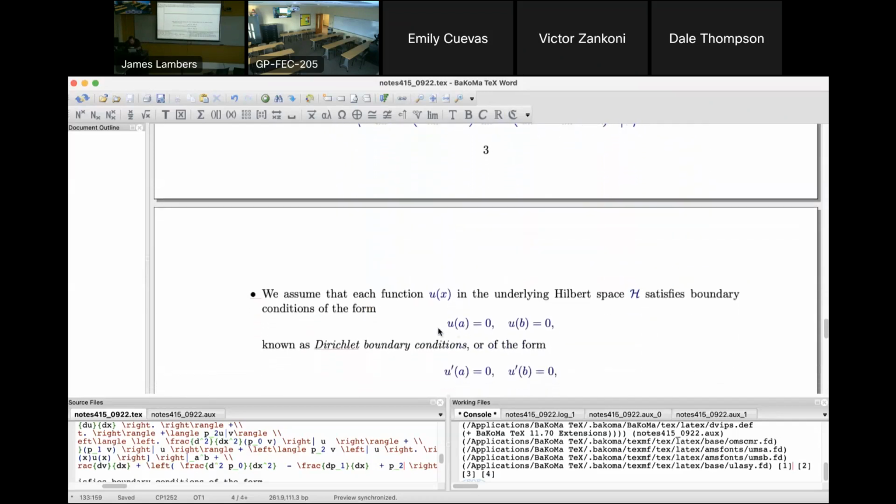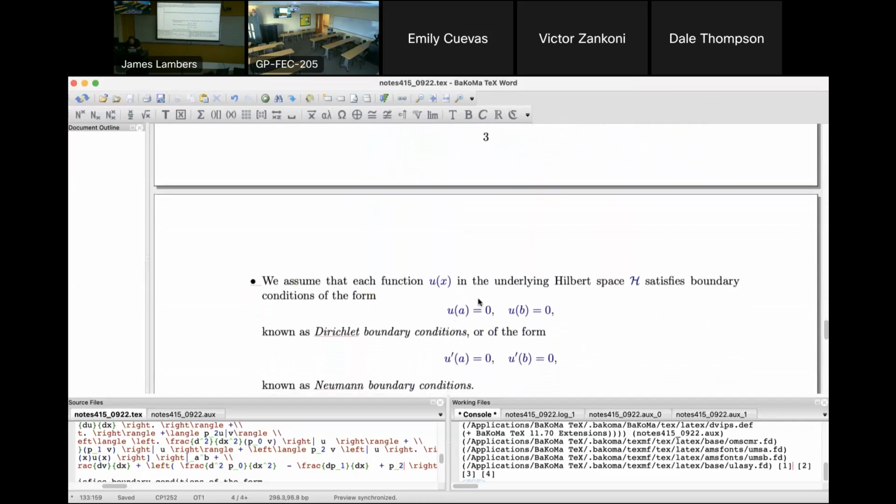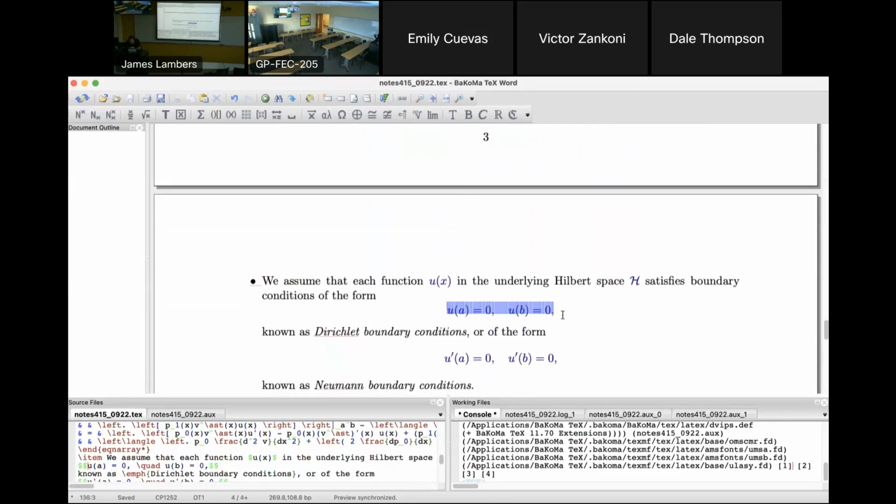Okay, so boundary conditions that we'll assume. Now, there are different choices here. We can assume that they satisfy Dirichlet boundary conditions, where the value of the functions equals 0 at the boundary points, or Neumann boundary conditions, where the first derivative is equal to 0 at the boundary points.